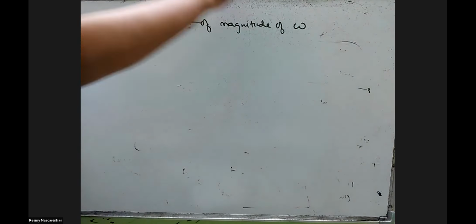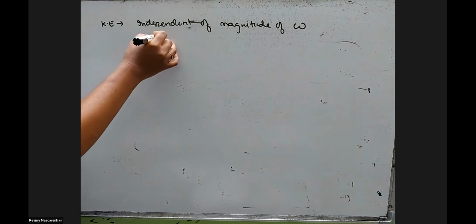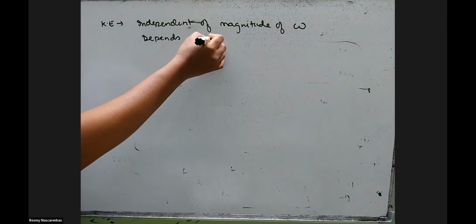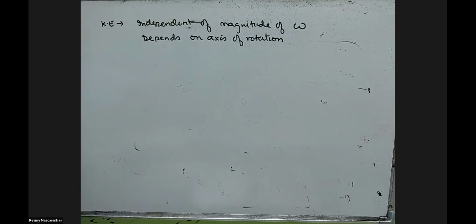Okay, it is independent of this because that is anyways constant. It depends on the axis of rotation, because inertia will change based on the axis. The more the distance, the more the inertia, because it is mr square. So it is independent of omega but depends on the axis of rotation.